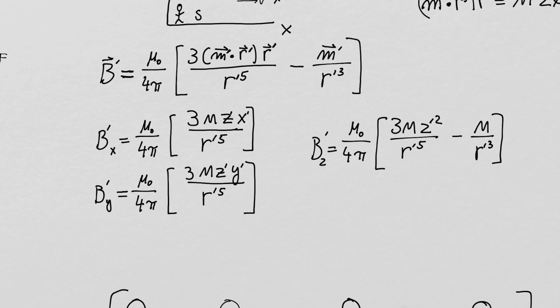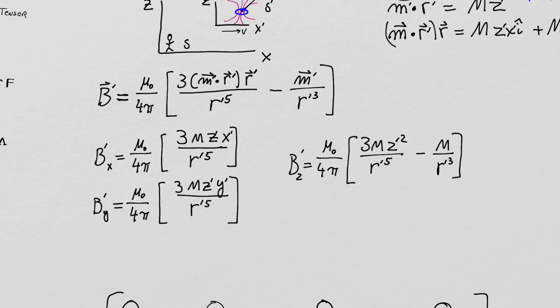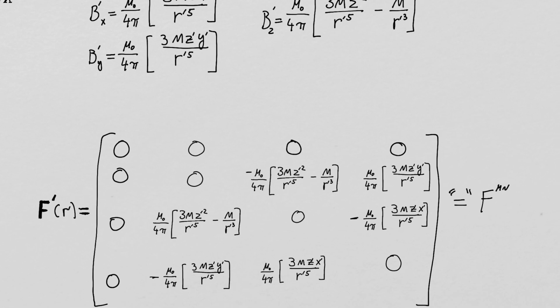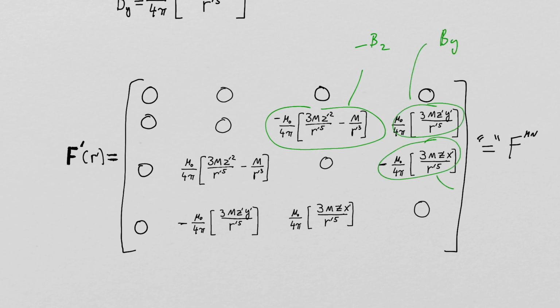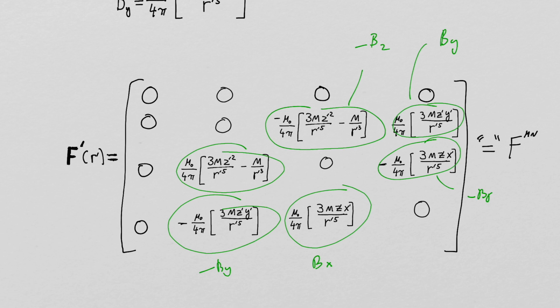So with these components, I now know how to construct my magnetic field tensor in the frame that is stationary with this dipole. I just plop those components right in where they belong. And I get, for example, this term here is minus bz, this term here is by, and this term here is minus bx, and then the symmetric, anti-symmetric components make that bx, make this minus by, and make this bz.